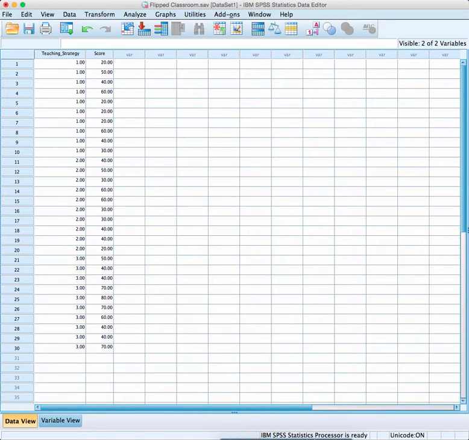This data from the flipped classroom example will be used to illustrate how to use SPSS to conduct a one-way analysis of variance.